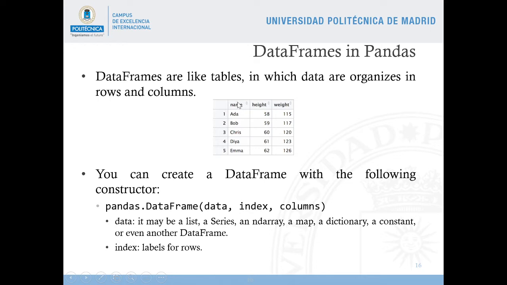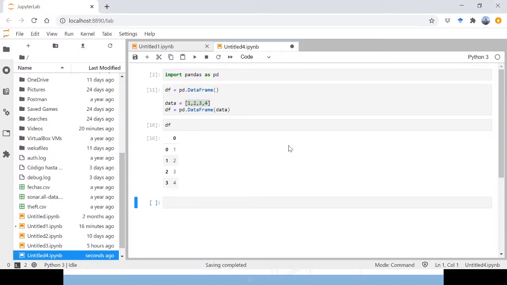For instance, this column represents the name of the person. So all the elements are strings. Here all the elements are integers. Here all the elements are integers. That's the reason why if we just give a list, it puts it as a new column, okay? Not as a new row.